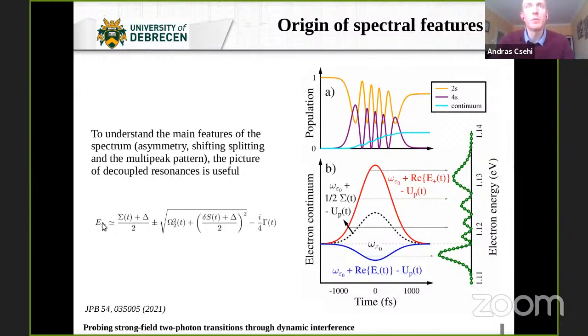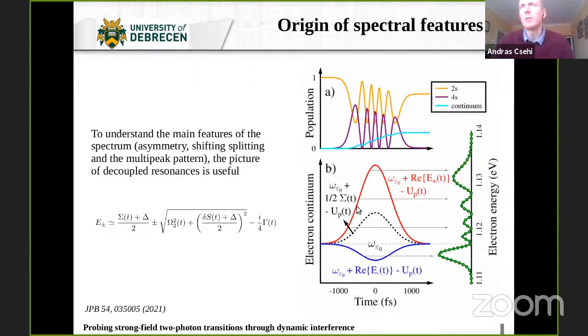The real parts of these energies are shown here by the red and blue curves relative to the nominal position in the continuum, and there is also this ponderomotive shift subtracted because of the channel closing effect. So this is what we get. These are the energies of the emerging resonances, and this is the central line here, which is at the same distance from the two curves, the red and the blue one.